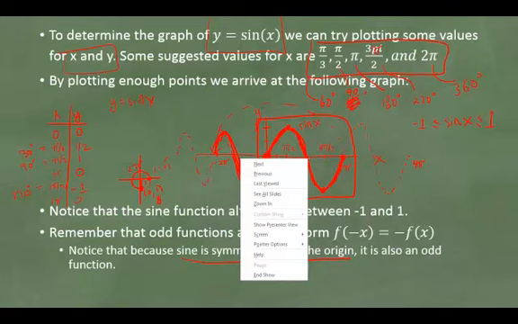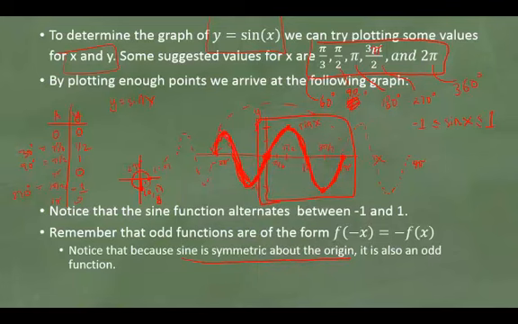This negative part right here would now be positive up here. This negative part here would now be positive right here. And that's what this says. If you were to plug in, for example, not sine of pi over 2, because we know sine of pi over 2 is 1, but sine of negative pi over 2, we should get negative 1, down here.